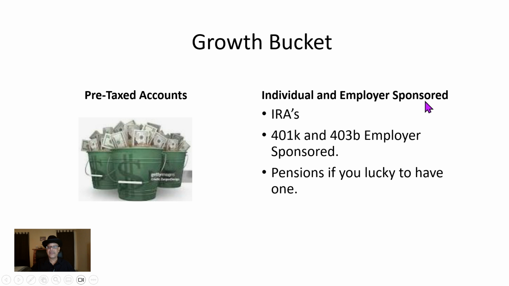The employer sponsored is typically your 401k and the 403b for nonprofits. I'm also going to add in pensions if you're lucky to have one. I know that one of our distinguished retirees has pensions.